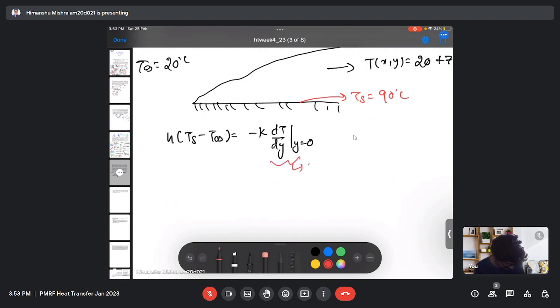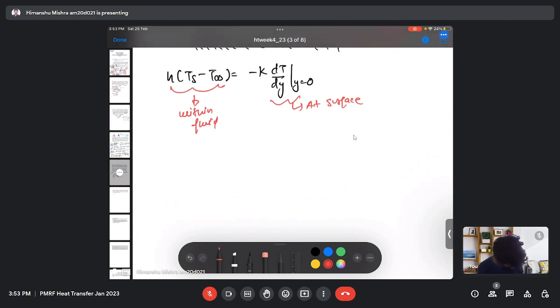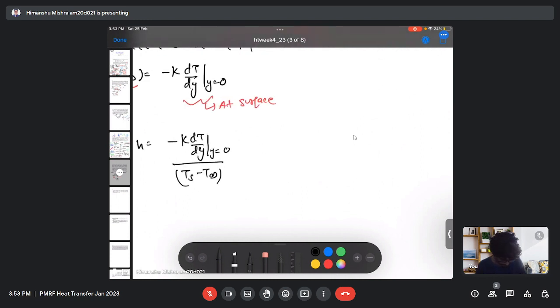So this is at the surface, this is within the fluid.